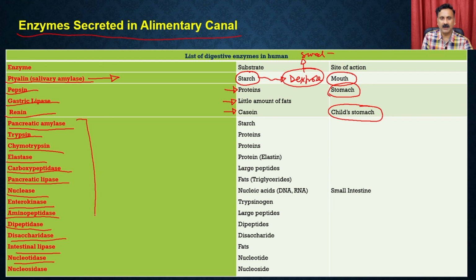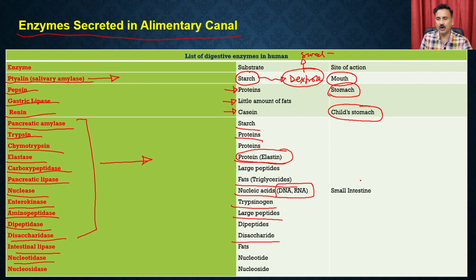All these act on different types of substrates like starch, proteins, specific proteins like elastin, fats like triglycerides, nucleic acids such as DNA and RNA, trypsinogens, large peptides and all that, and they are all present in the small intestine.